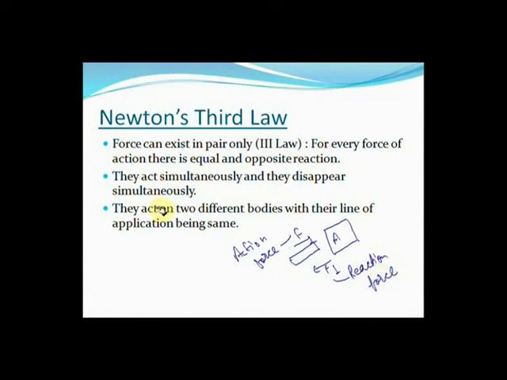So we can see here that the action force, that is F, is being acted on the block, and the reaction force, that is F1, is being acted on the rod.